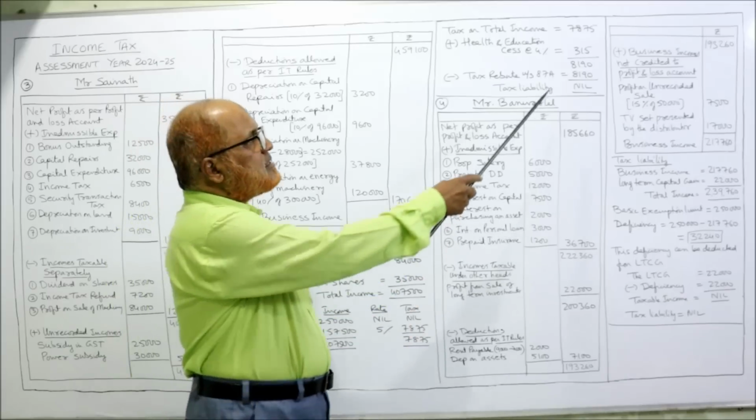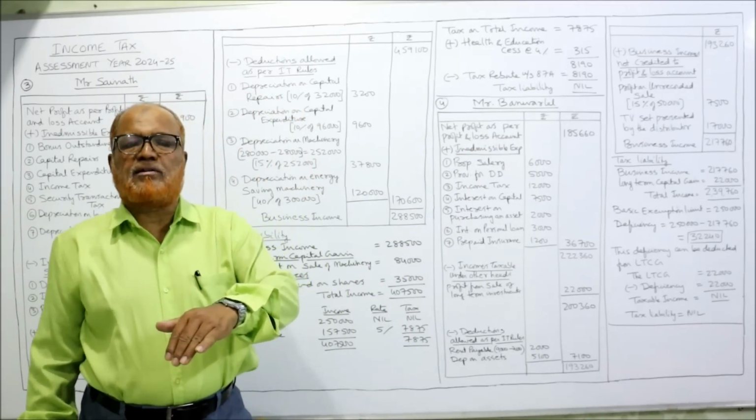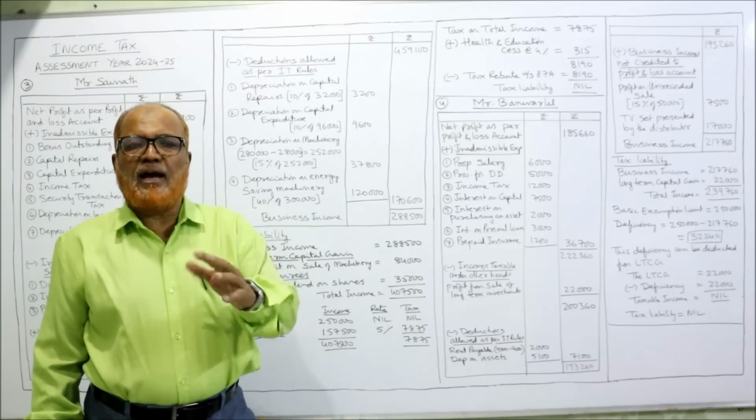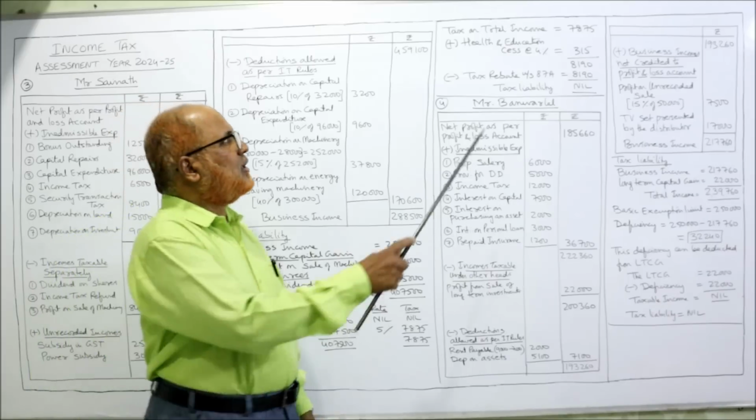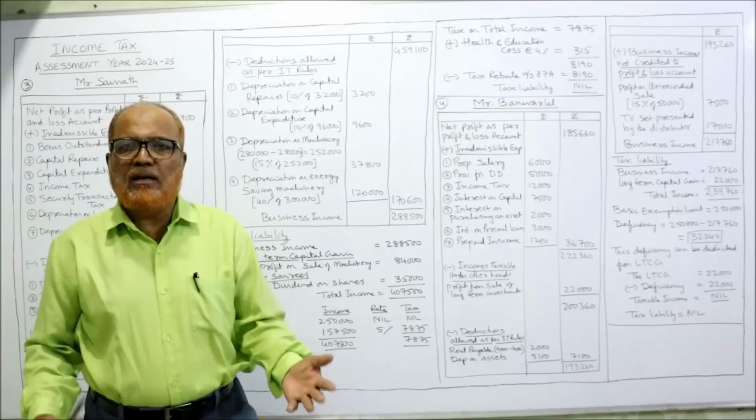Actual income tax is 8,190 and 12,500 is the limit. Whichever is less, 8,190 is less. So deduct tax rebate 8,190, tax liability is nil.